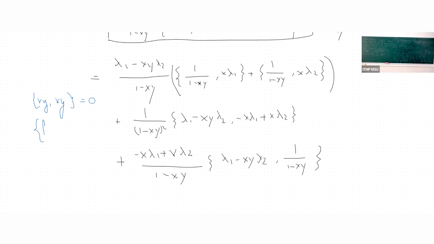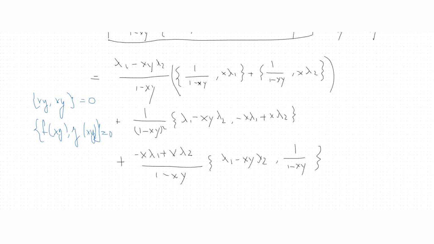And f of xy with g of xy is also 0, for each function f and g. Do you agree? Why is it true?